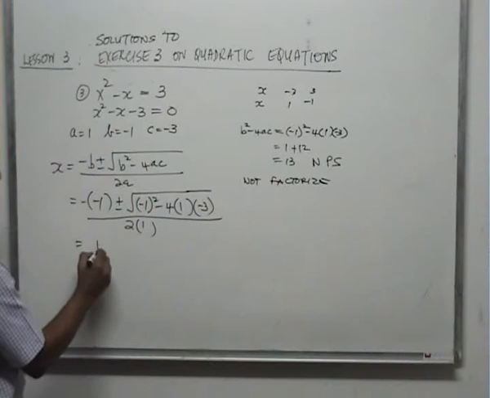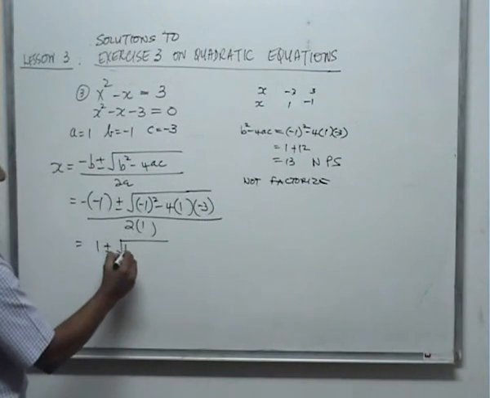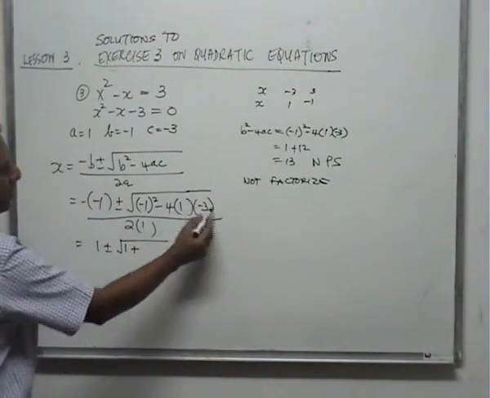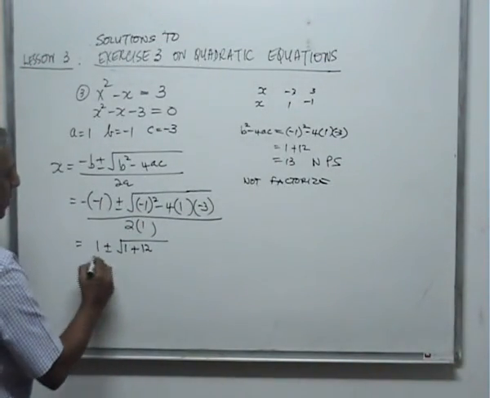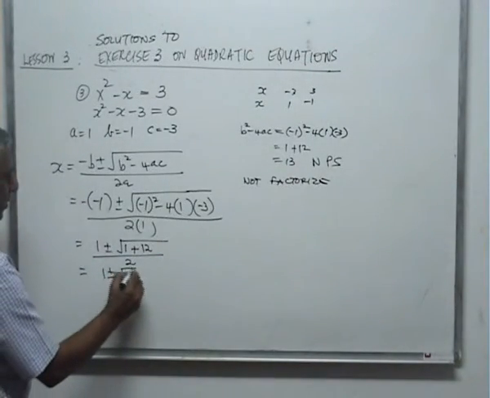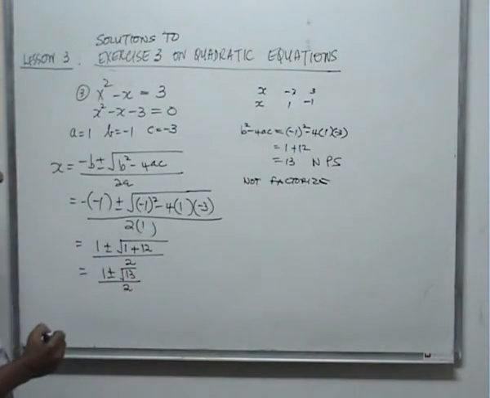Minus and minus gives you plus. 1 plus or minus the square root of minus 1 squared gives you 1. Minus times minus gives you plus. 4 threes is 12, all over 2. That's 1 plus or minus the square root of 13 all over 2.